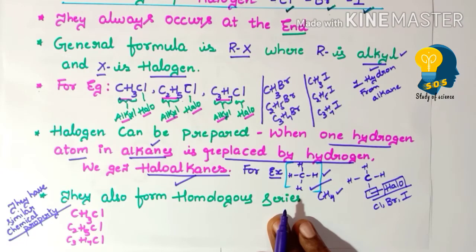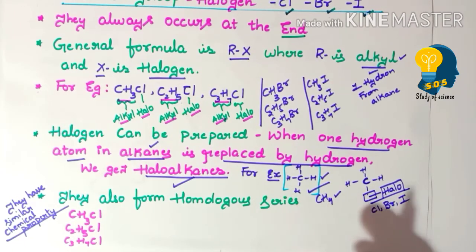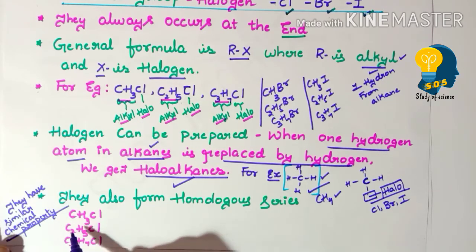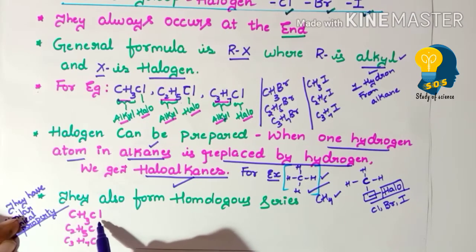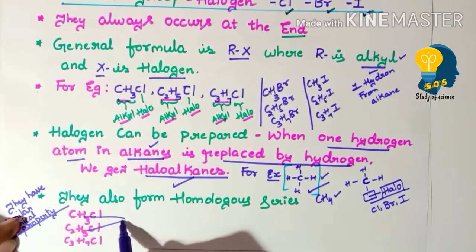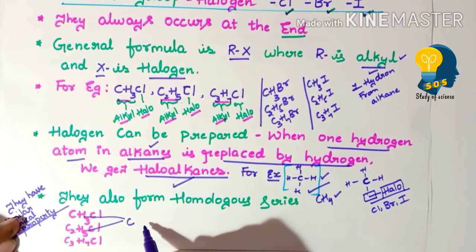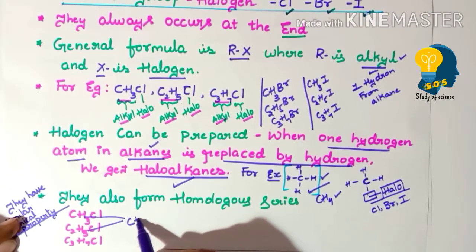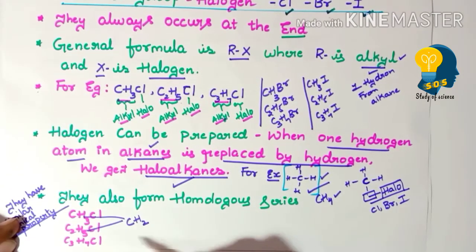You know what a homologous series is? When we look at a homologous series, we can see that there is a difference of CH2 group in the succeeding member, right? For example, see CH3Cl and C2H5Cl. When we observe here, there is one carbon atom and two hydrogen atom difference.